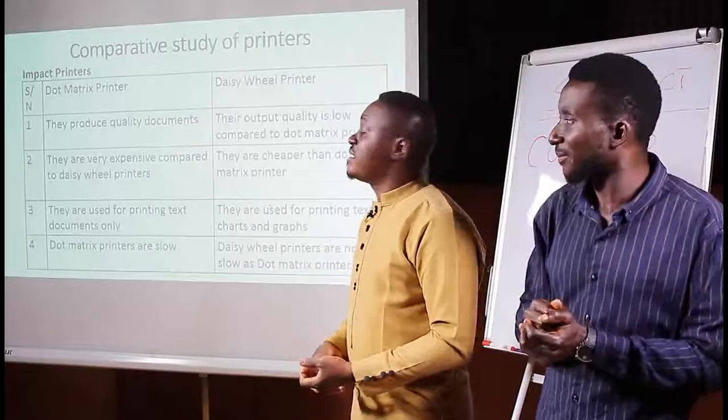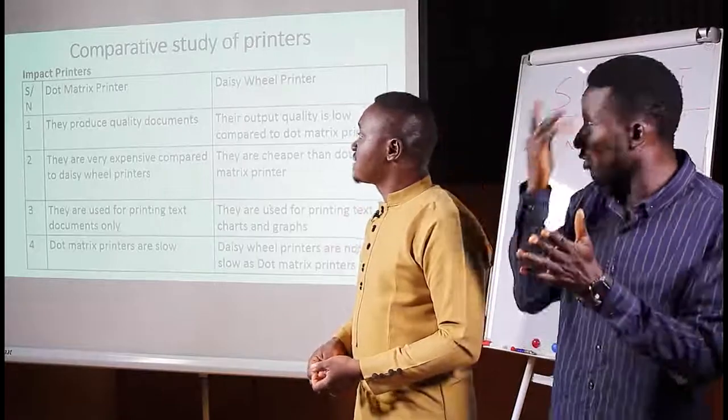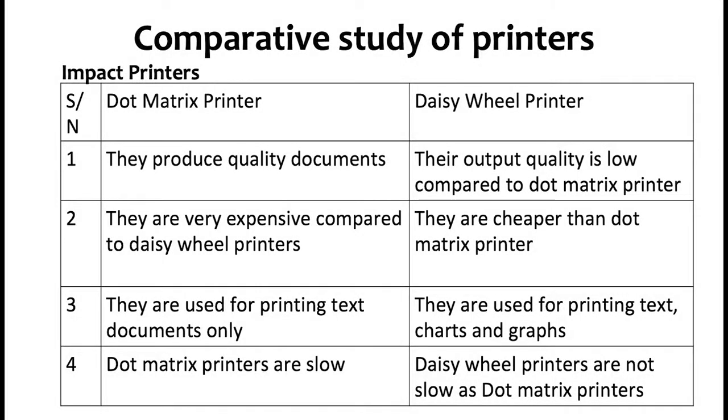Then we take the comparative very briefly, the comparative between printers. We have the dot matrix printers and the daisy wheel printer. The dot matrix printer produces quality documents, while on the other hand, the daisy wheel printer's output quality is low compared to the dot matrix printer. The dot matrix printers are very expensive compared to the daisy wheel printer.